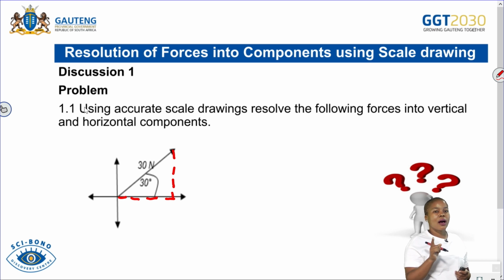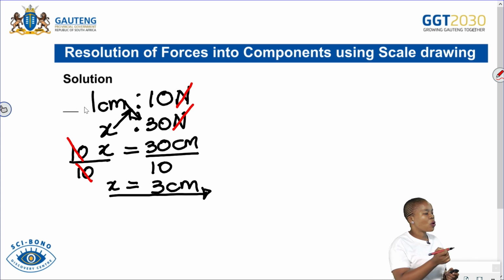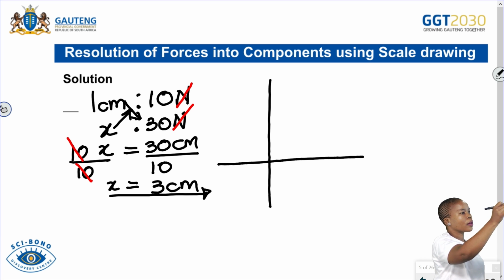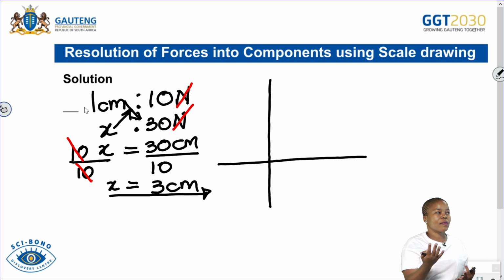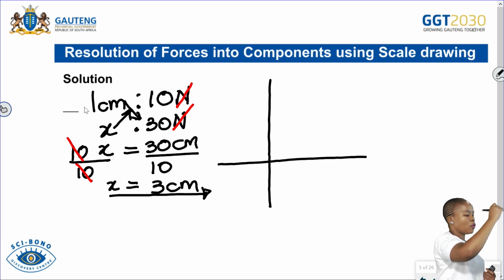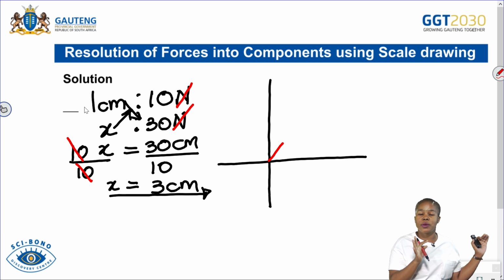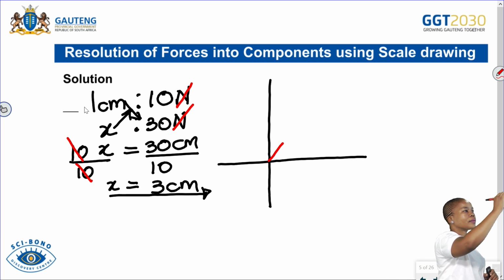First, let's draw this Cartesian plane. We already know the direction given to us, and moving from the center, approximating 1 centimeter, we already know that we need 3 centimeters. 1, 2, 3.